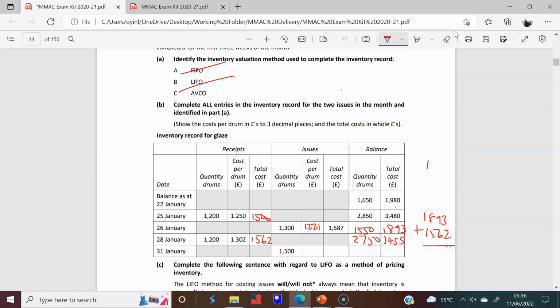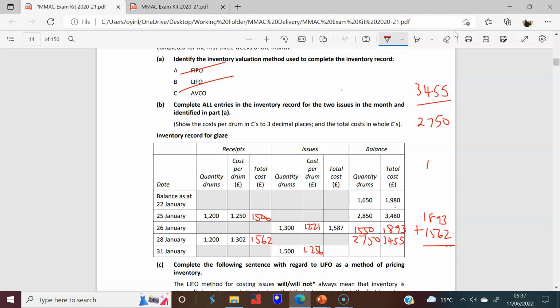I can tell you what the individual cost of those units is. It must be 3,455 divided by 2,750, the total number of units, and that is 1.2563.